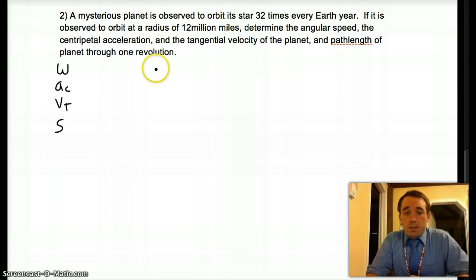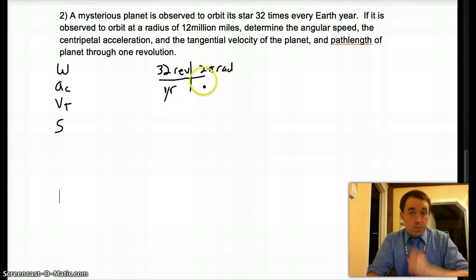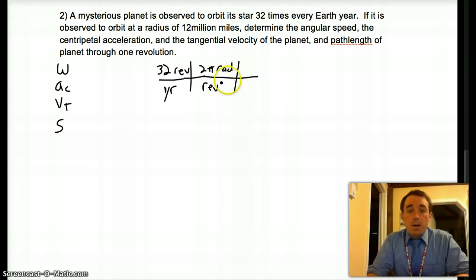I know that it orbits its star, so that's a revolution, 30 times every Earth year, or 32 times. So there are 32 revolutions per year. I know that there are 2 pi radians per revolution. 1 year has 365 days.